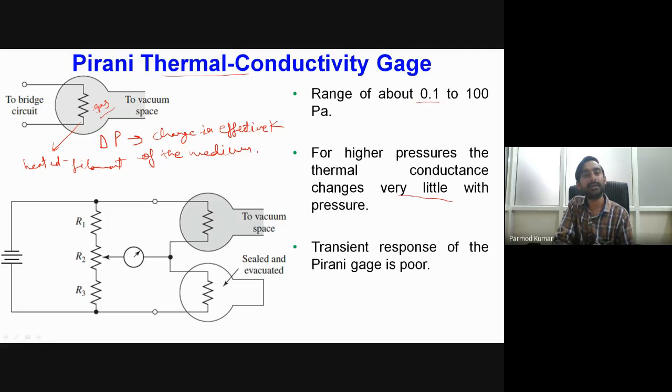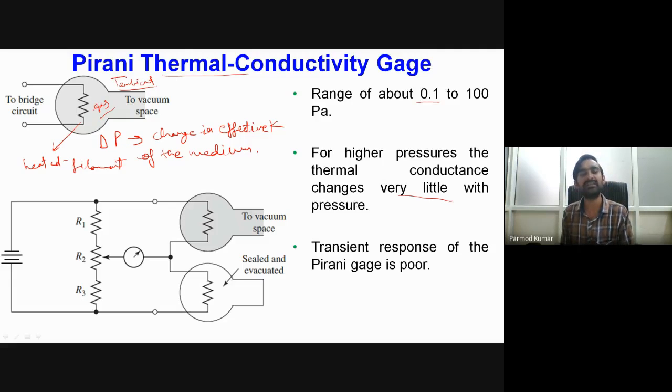Now in this type of system also there may be one source of uncertainty. One factor which will be affecting the heat transfer characteristics is the effective thermal conductivity of the gas. At the same point of time, the temperature of the surroundings. So ambient temperature will also have significant control on the heat transfer characteristics of this system.